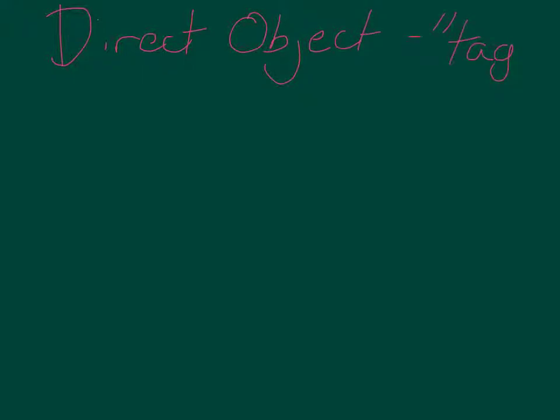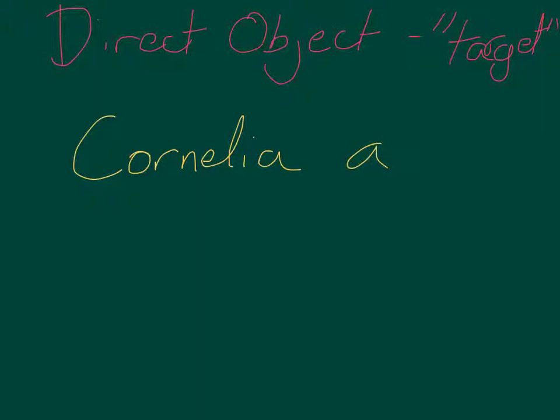So when we talk about direct objects, what do we mean? A direct object is a fancy way of saying the target of the verb. We can think of it as if we have an actor, let's say Cornelia, and we have a verb like vexat, which we'll see in chapter 4, annoys.